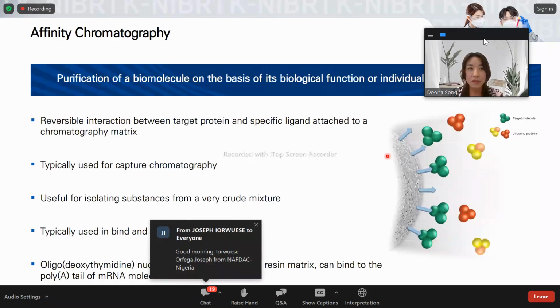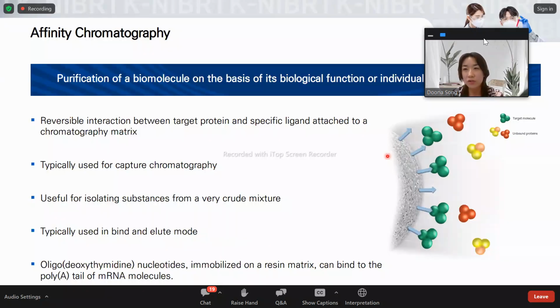First is affinity chromatography. This method purifies a biomolecule based on biological function or unique chemical structure. It relies on a reversible interaction between the target protein and a specific ligand attached to the chromatography matrix, like this.